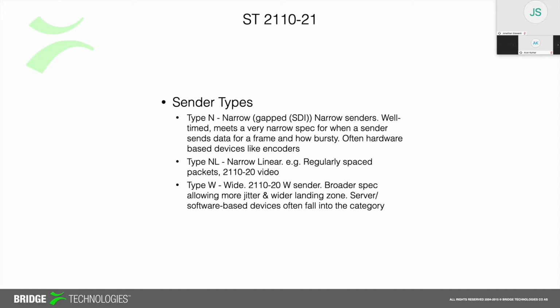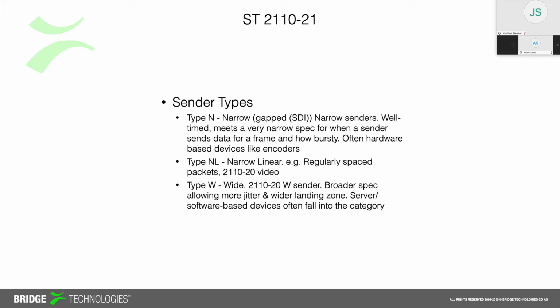And then we have the type wide, type W, the wide. And this gives a broader spec. And again, if you want to know the numbers, they're very easily found. Things like software devices that are sending, that don't have the ability to precisely time and send out packets very regularly.